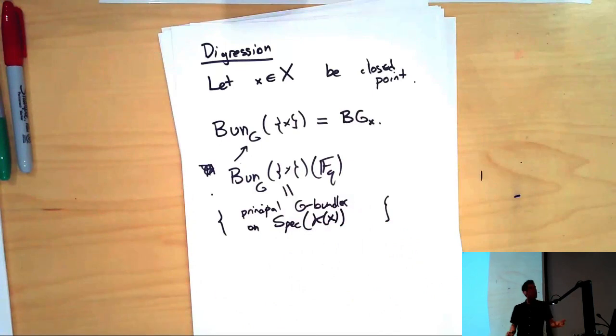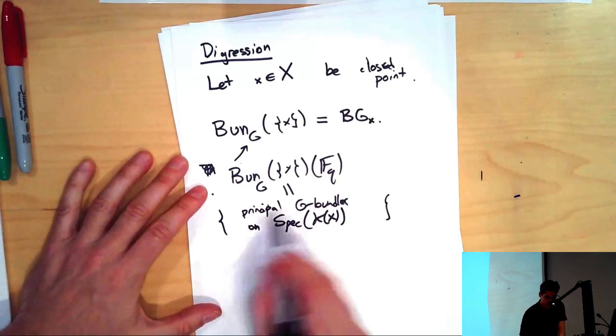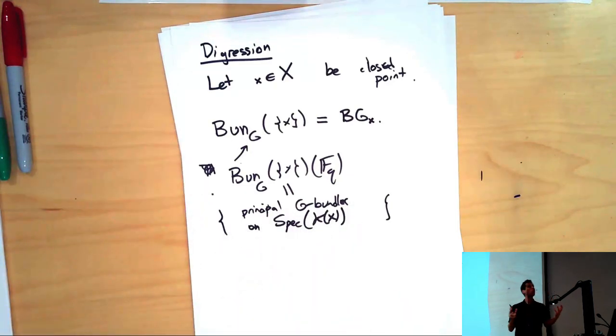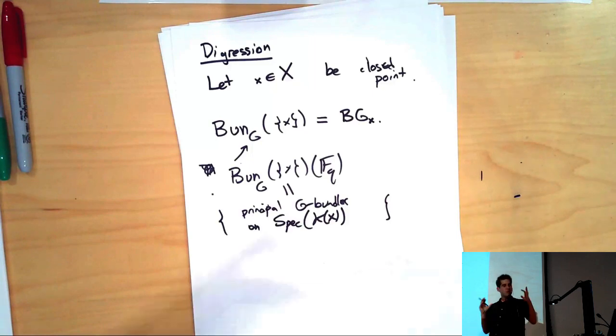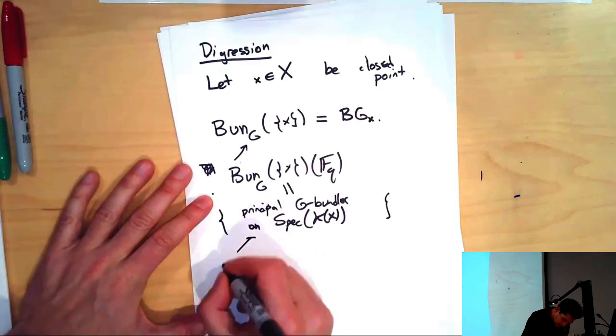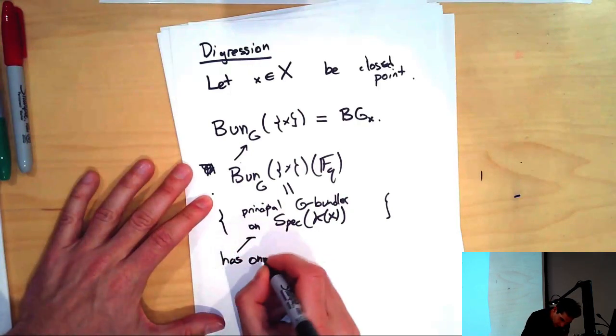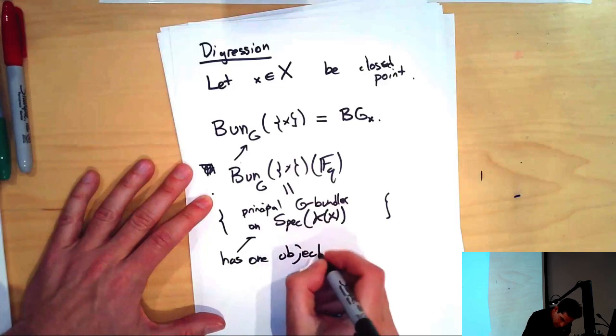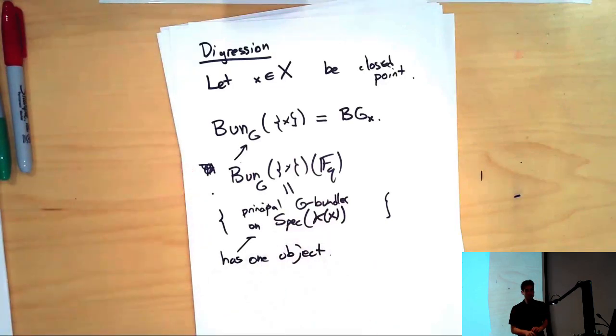Now, there's a theorem of Lang that says that as long as the fibers of G are connected, this category of principal G bundles has only one object, that every principal G bundle over a finite field is automatically trivial. So this category has one object up to isomorphism, but that object has some symmetries.